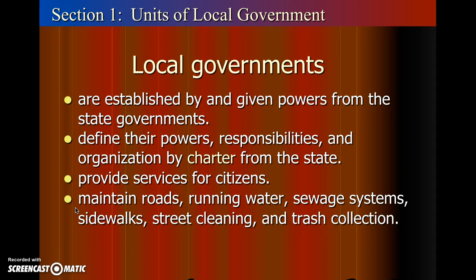Running water. The cities are going to provide running water for the people. In the town of Pierce, for example, Pierce has about 5 wells throughout the town, depending on where they're at, if they're on the west end of town or the east end of town or the south side or the north side. They might go 80, 90 feet deep, or they might go a couple 100 feet deep.